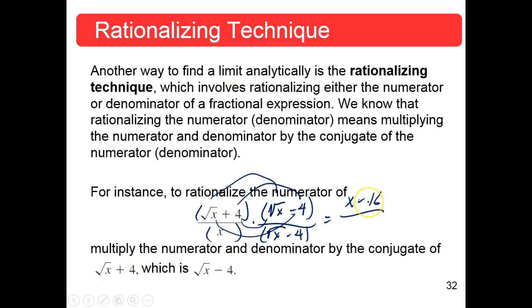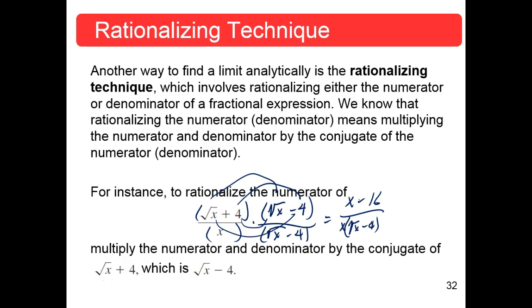Okay? Over, and now it messed up your denominator. Usually we don't care, but it becomes x times the square root of x minus 4, which of course is just as messy as the first was. But if this form happened to be, and it's not, a case where it was indeterminate, doing that, it's probably not going to be indeterminate anymore. Okay? So you multiply the numerator and the denominator by the conjugate of root x plus 4, which is root x minus 4.